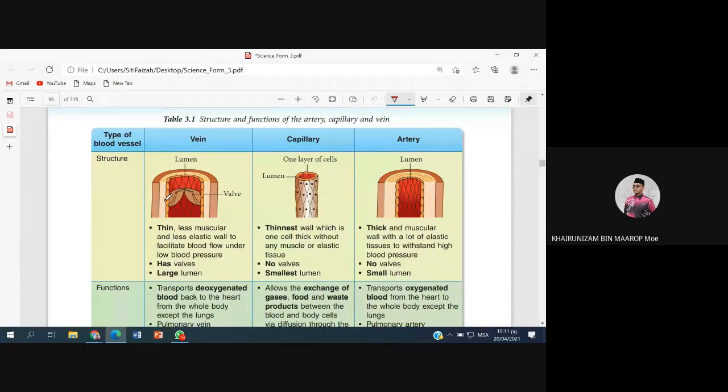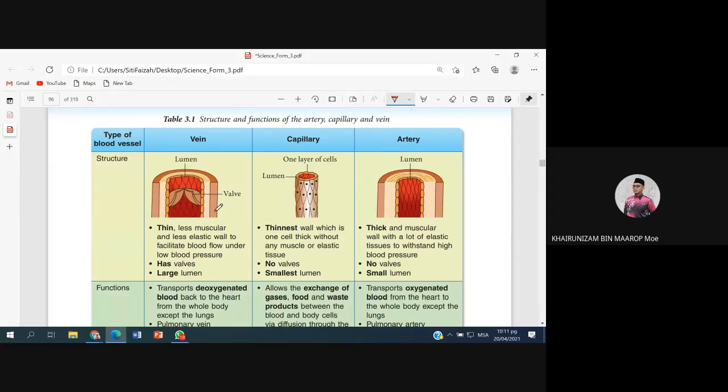This is to facilitate blood flow under low blood pressure, because human blood from the capillary flows to the vein at low pressure.